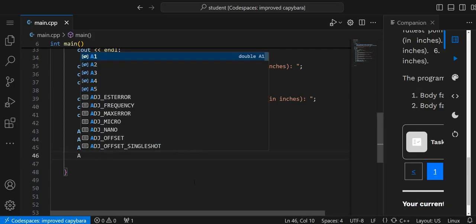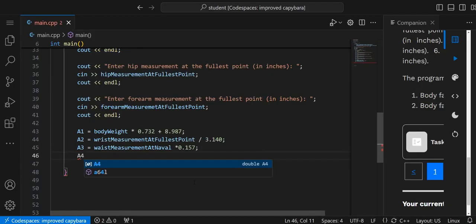A4 equals hip measurement at fullest point times 0.249.